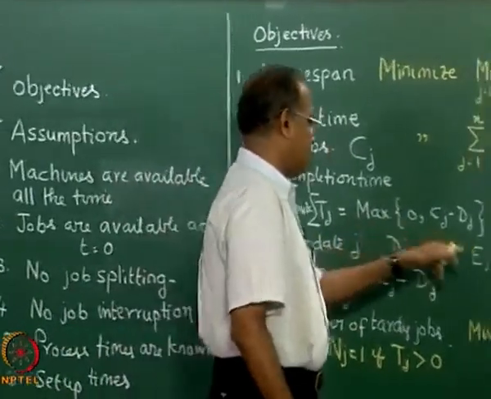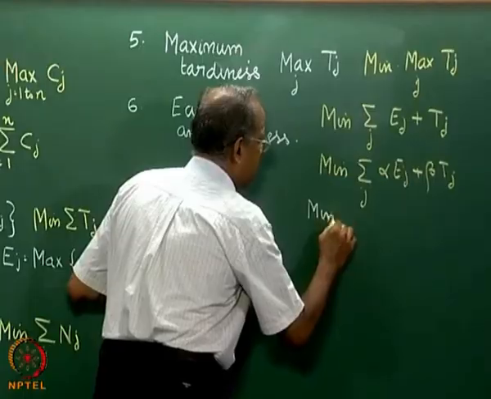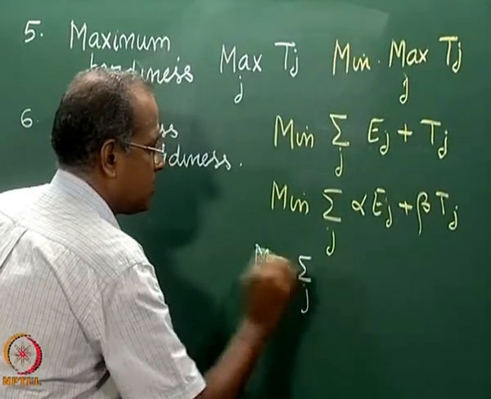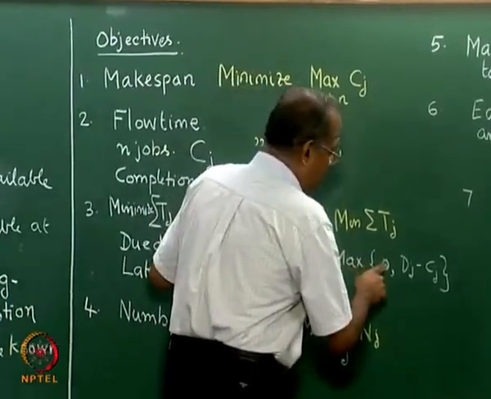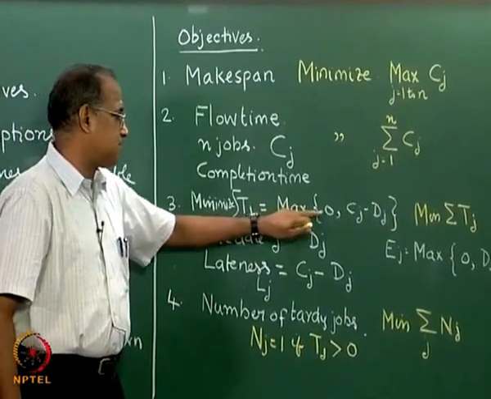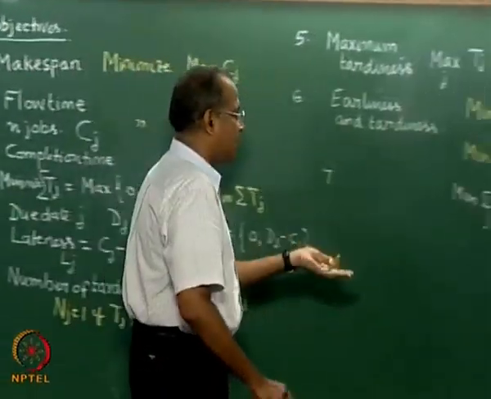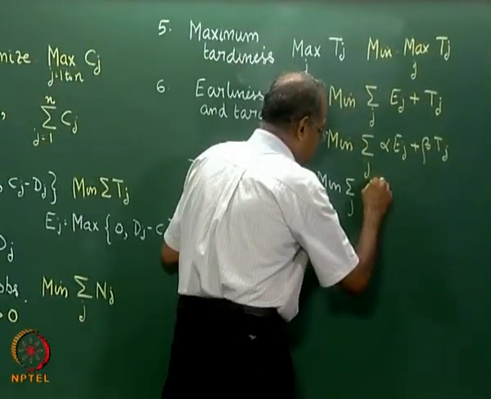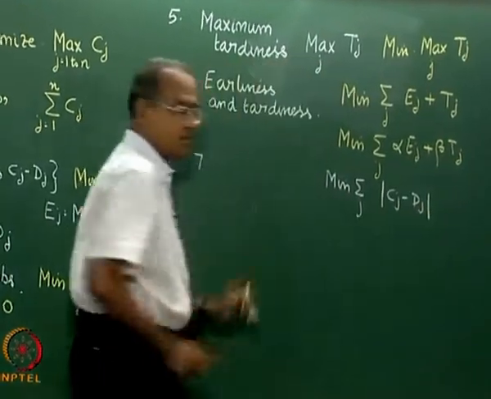Now let us go back to these definitions. What we do here is minimize, summed over j, Ej, which is max of 0 comma dj minus cj, and tardiness, which is max of 0 comma cj minus dj. So essentially, earliness or tardiness is nothing but the absolute value of cj minus dj.